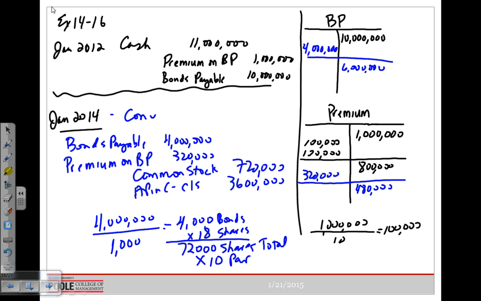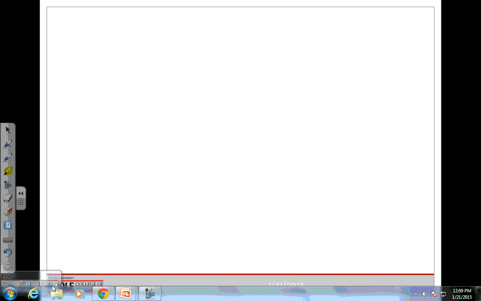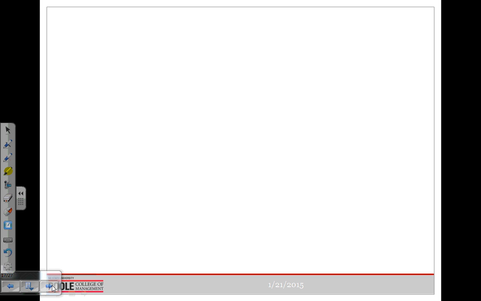The other problem I wanted to do was exercise 17. And when I look at exercise 17, the only thing that's a little bit different about this one is that there's a sweetener. They tell us that on July 1st, Tuttle Company had bonds outstanding with a face value of $200,000 and a book value of $194,000, so there was a discount of $6,000.